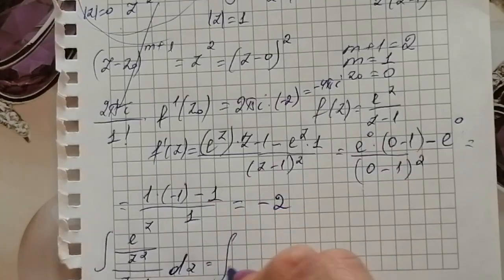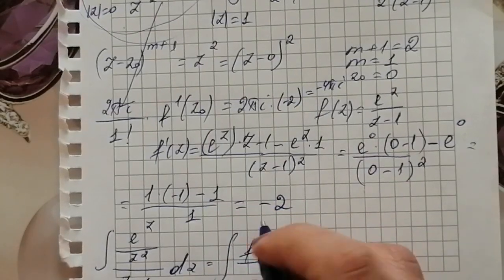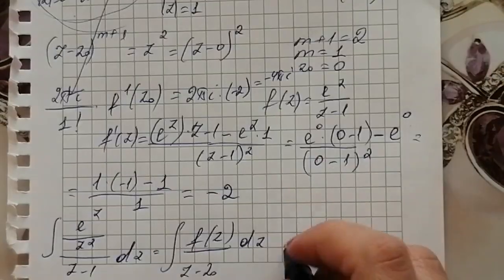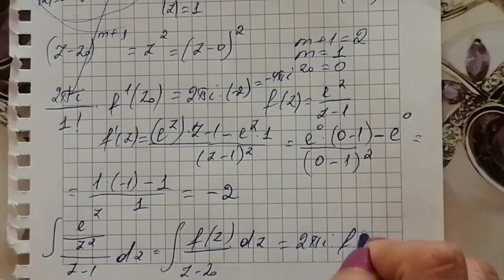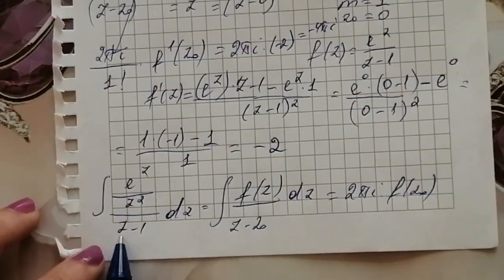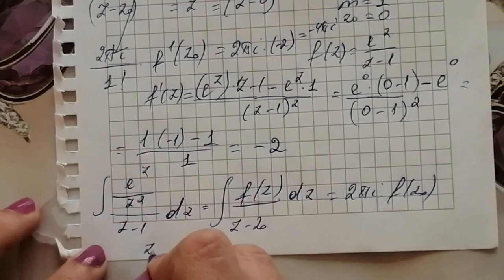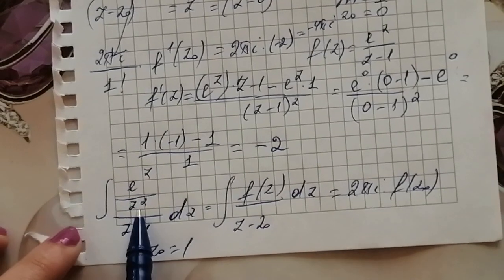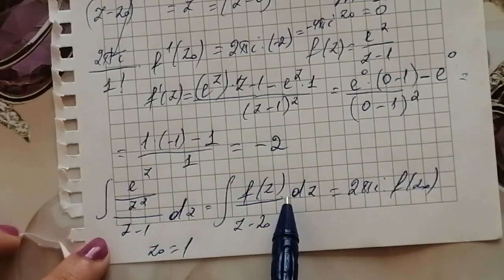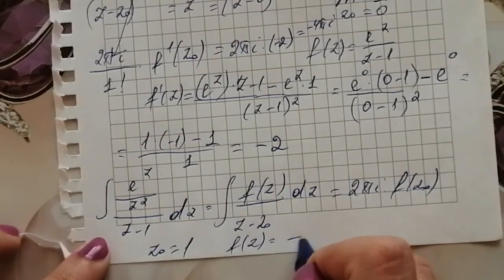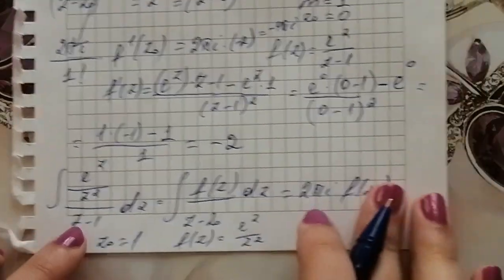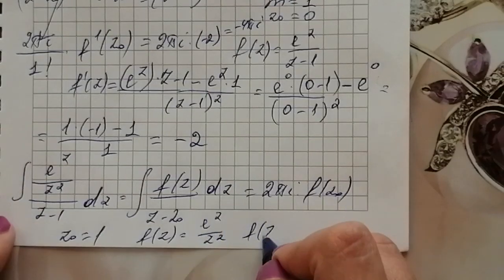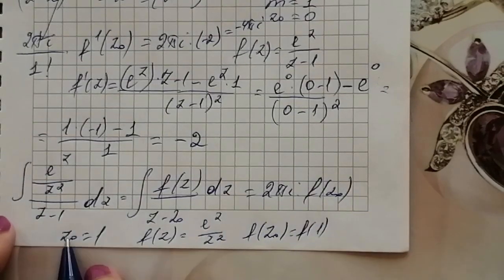The second part of the Cauchy integral formula is the integral of f of z over z minus z0 dz, and it is equal to 2 pi i times f of z0. In this case, z0 is equal to 1 because z minus 1 is equal to z minus z0, and e to the power of z over z squared is equal to f of z. We just have to find f of z0, and f of z0 is equal to f of 1 because z0 is equal to 1.